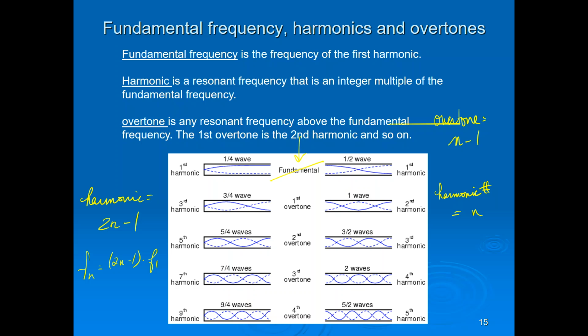Even though it's the second one on the list, you might think it has an n of 2, but it's not an n of 2, it's actually 3 times the frequency of the first one. Look at that. That's 1/4 of a wave. That's 3/4 of a wave. So that's 3 times more wave, or 3 times more frequency if you want to think of it that way.